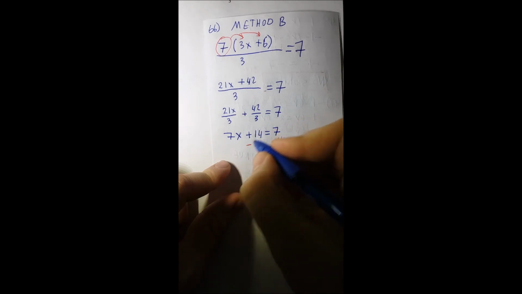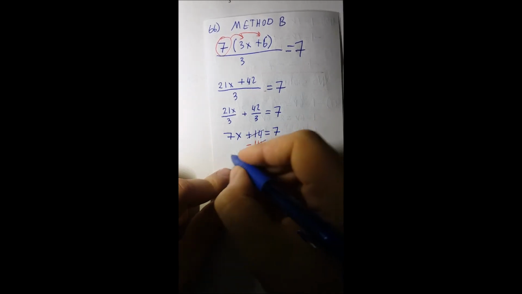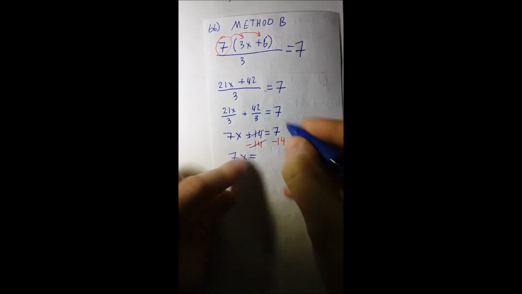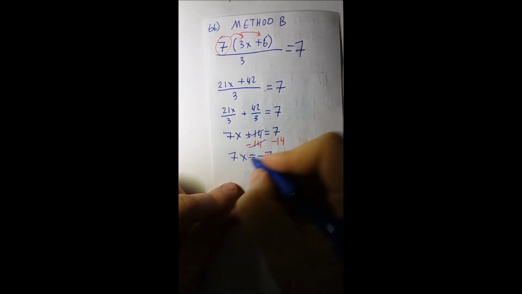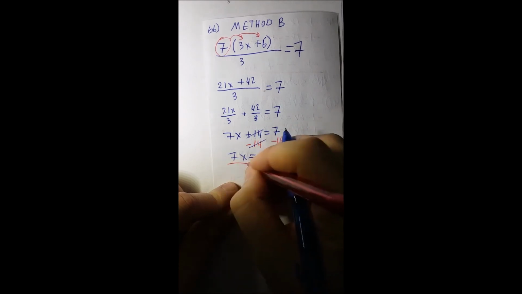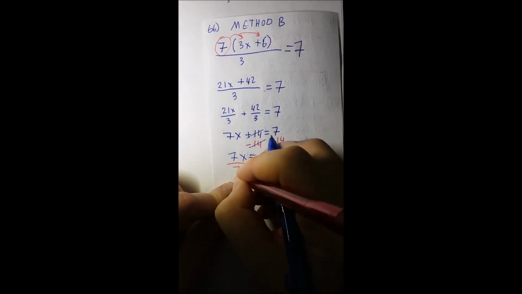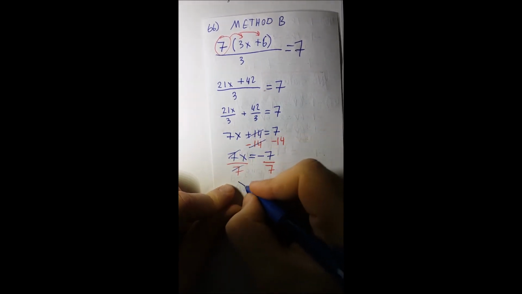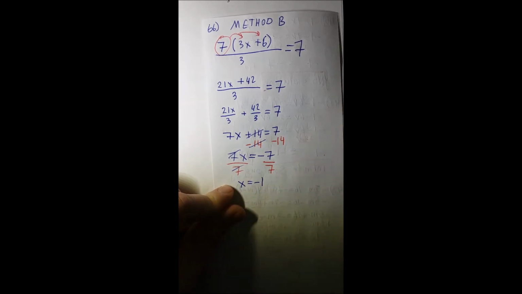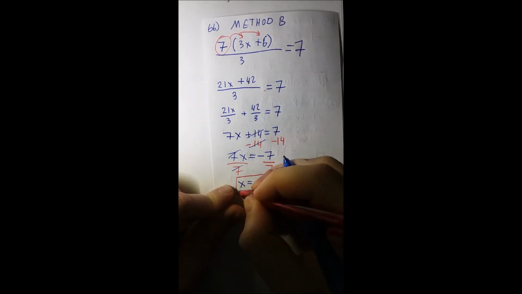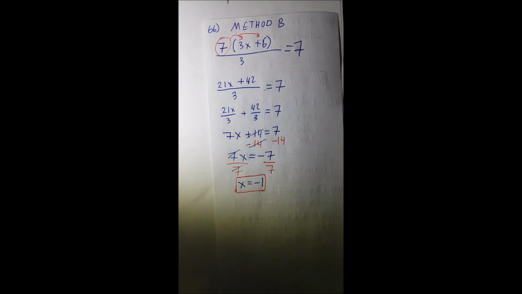So multiplication comes second to last. So my 14s are gone. 7x equals negative 7. Divide both sides by 7, and you get x equals negative 1. Exactly the same answer as we got doing it the previous way.